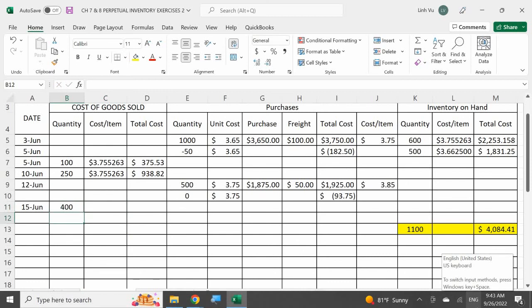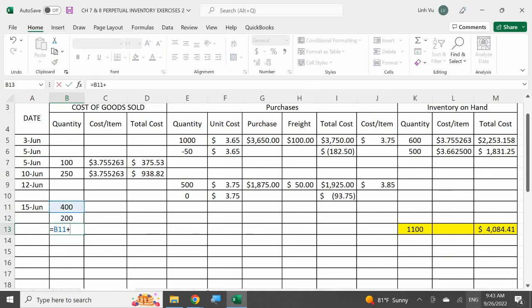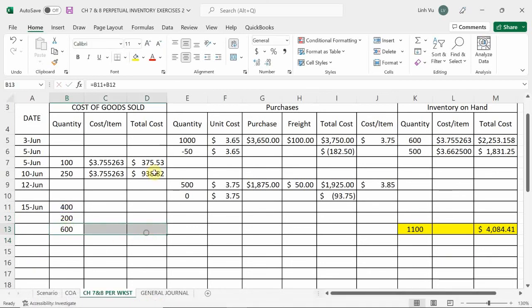I need to sell 600, so I need to take another 200 out from my first batch of inventory. So in this case, grand total 600 units. So how much is it going to cost me for 400 units? You said the cost per item is 3.6625, right? Right.